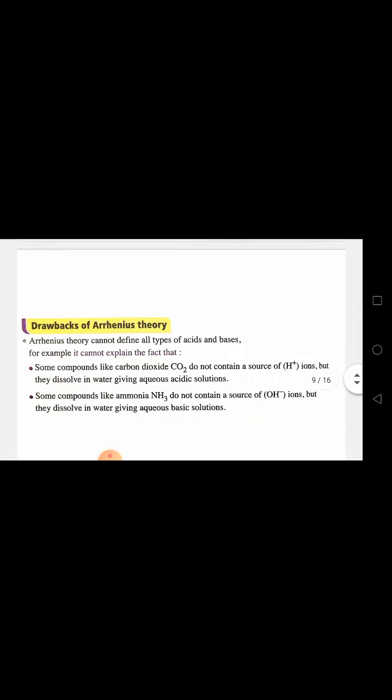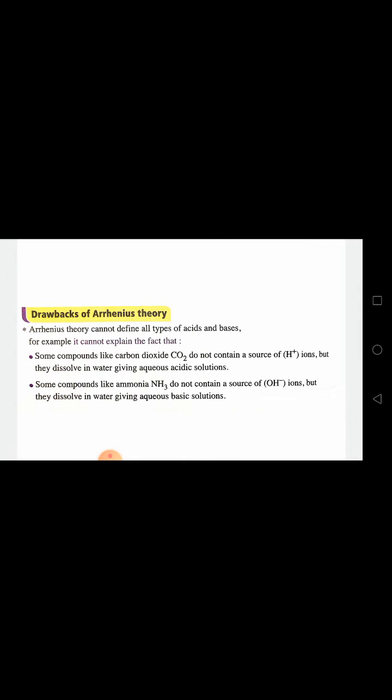Now, we will discuss the drawbacks of Arrhenius theory. Arrhenius theory cannot define all types of acids and bases. For example, it cannot explain the fact that some compounds like carbon dioxide don't contain a source of hydrogen ions, but they dissolve in water, giving an aqueous acidic solution.